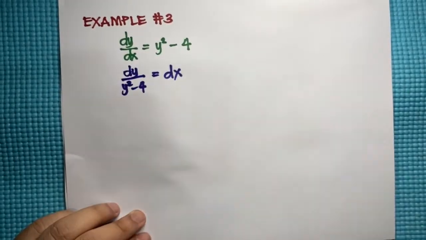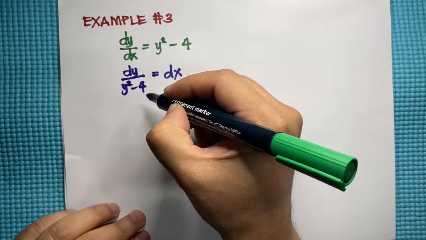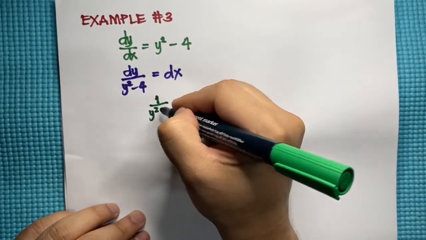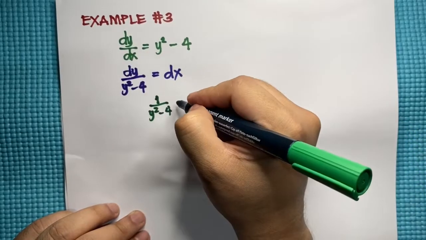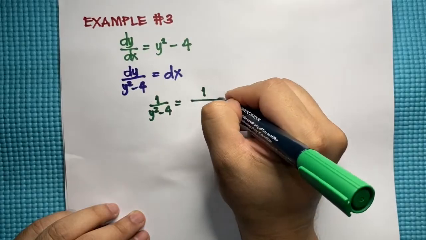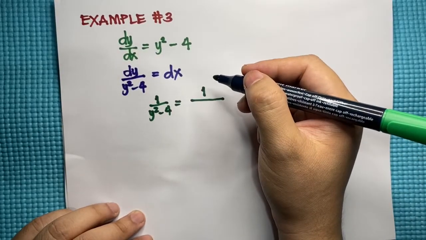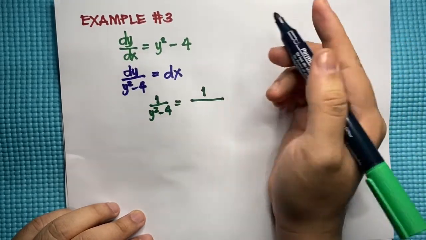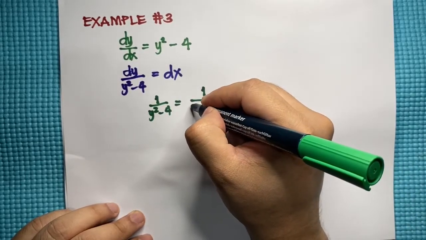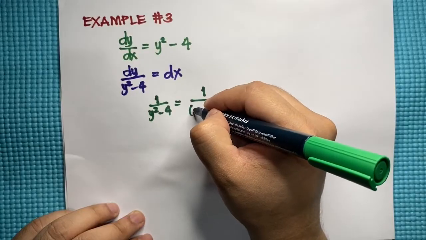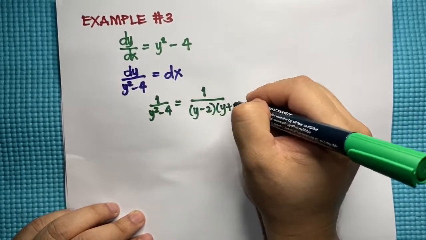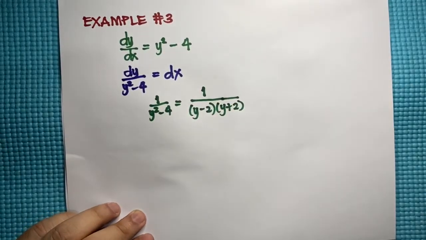So in this case, I am going to separate first the 1 over y squared minus 4, and y squared minus 4 is factorable using the difference of squares, yielding y minus 2, and the other would be y plus 2.